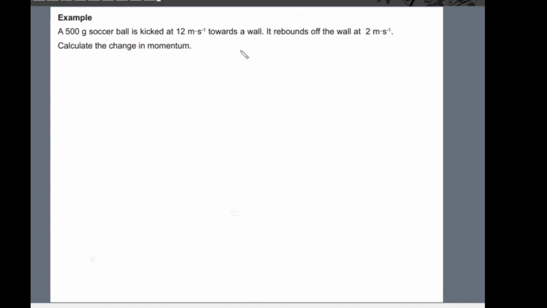So what is happening here is that there is a ball, and the ball is moving towards a wall. Let's say this is a wall, and at first it's moving at 12 meters per second towards the wall, and then after it rebounds, it bumps into the wall and comes back in the opposite direction at 2 meters per second.